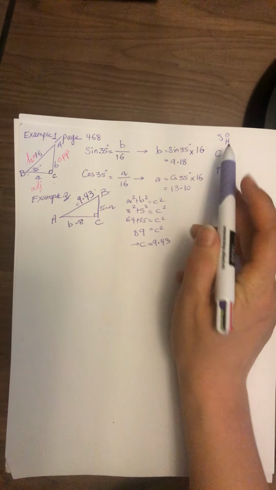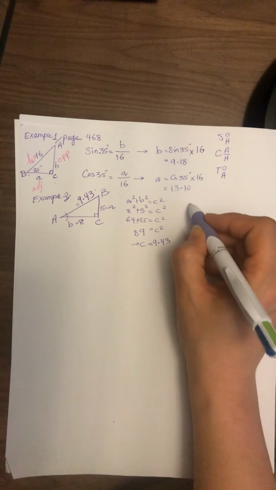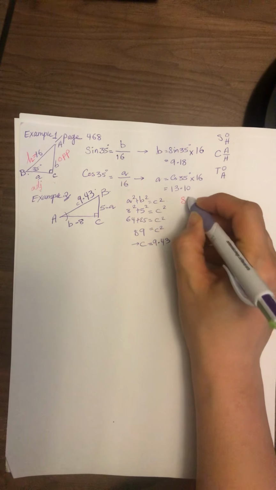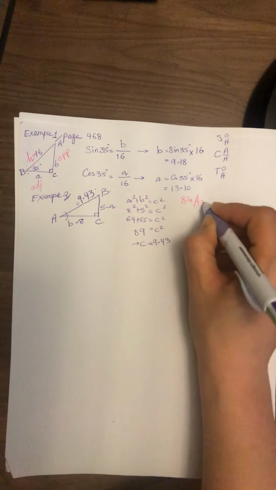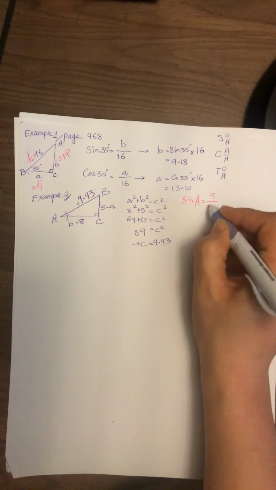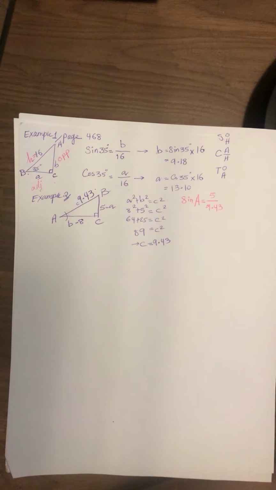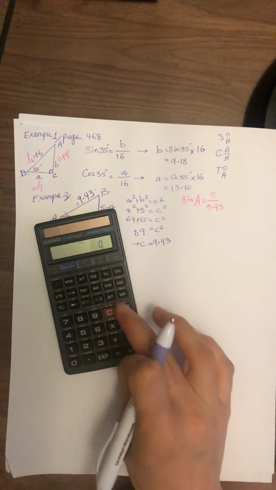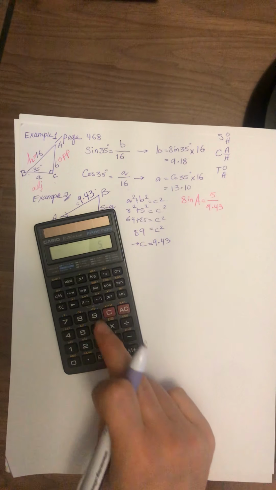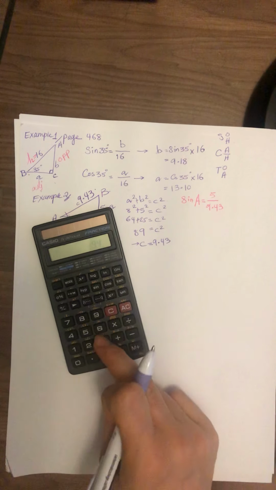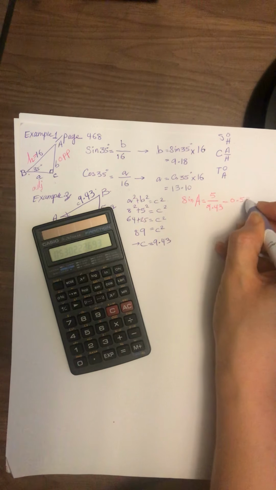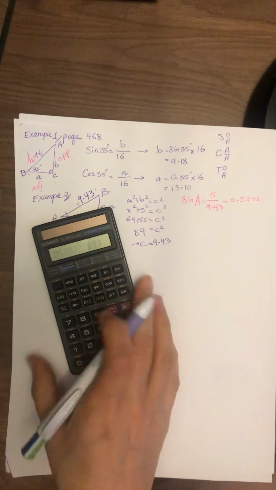If I want to use sine, I'm going to say sine angle A. I do not know how much it is, but sine angle A equals opposite over hypotenuse. That is 5 over 9.43. I'm going to punch it into my calculator. 5 divided by 9.43, and that's going to be 0.530222, right?